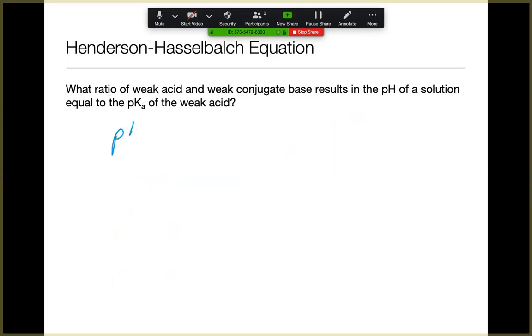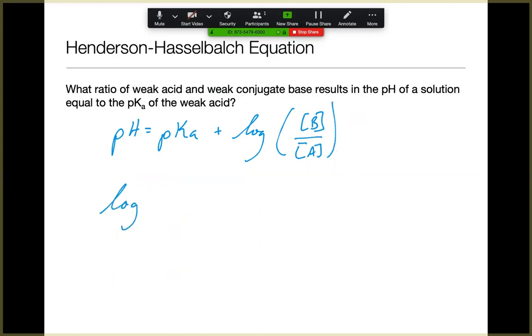So let me put that back up, right? We're using the Henderson-Hasselbalch equation, base over acid. And I said if I can get log B over A to equal 0, then I've satisfied that part of the equation, right?